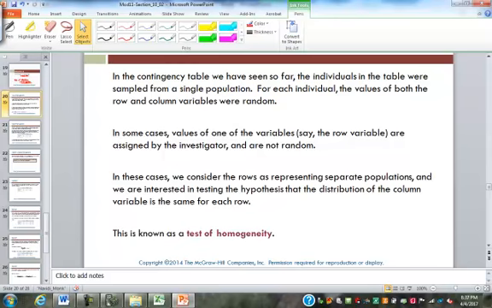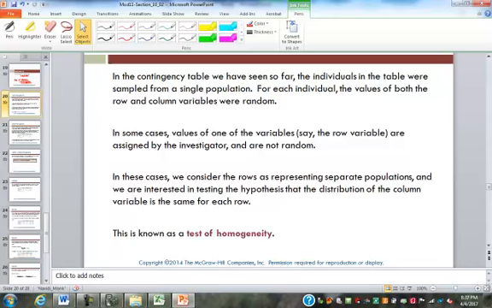You know, in the contingency table so far, the individuals were from a single population, and then they were put into both rows and columns as they were randomly selected. But in some cases, the investigator will assign them to their row or column. So therefore, it's not random anymore. So they're chosen to be within that specific row or that column.